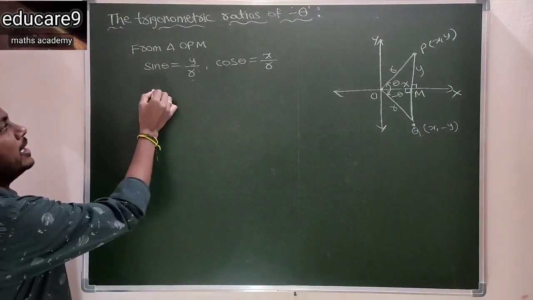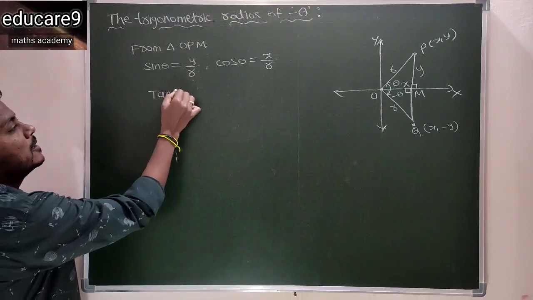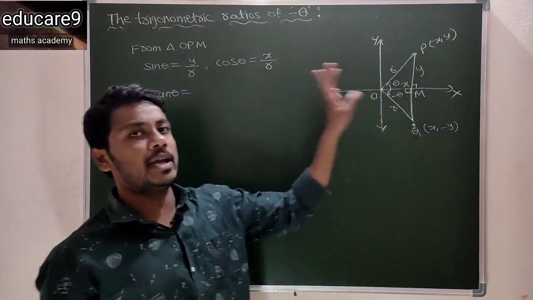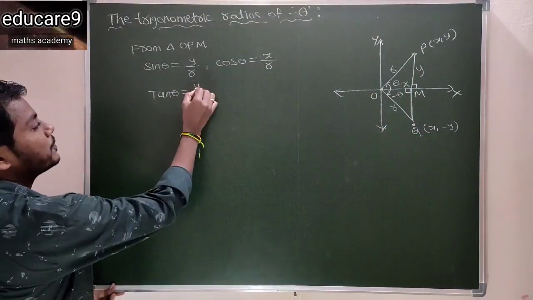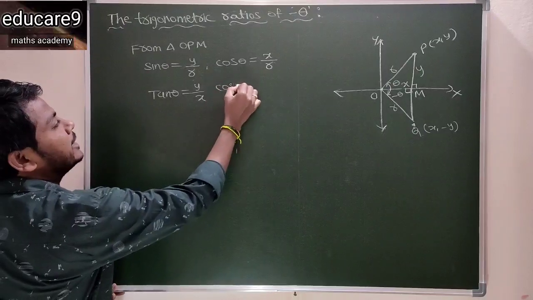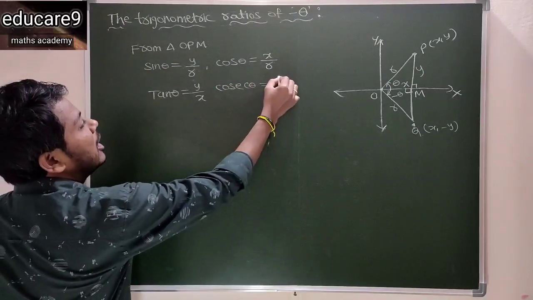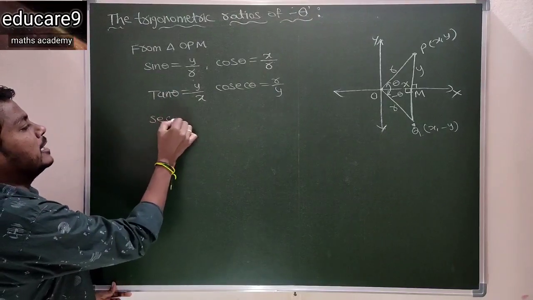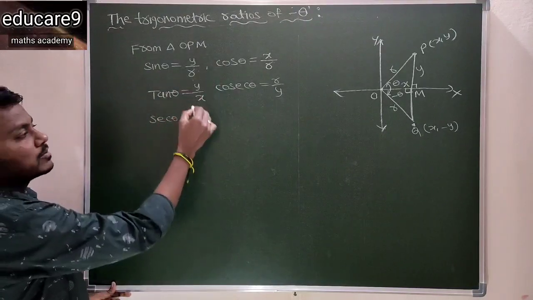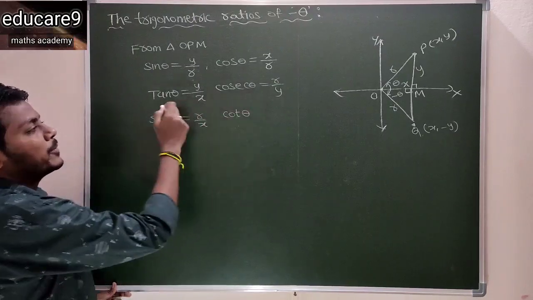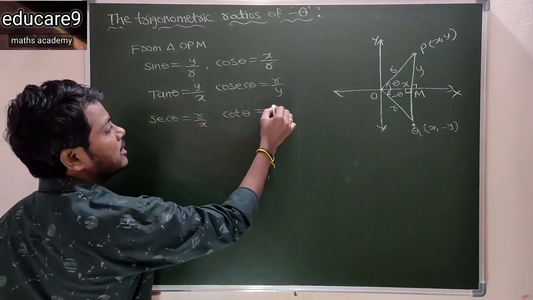And find tan theta. Tan theta is opposite side by adjacent side, that is y by x. Similarly, cosec theta, that is r by y, the reciprocal of sin, and sec theta, the reciprocal of cos, that is r by x, and cot theta, the reciprocal of tan, that is x by y.